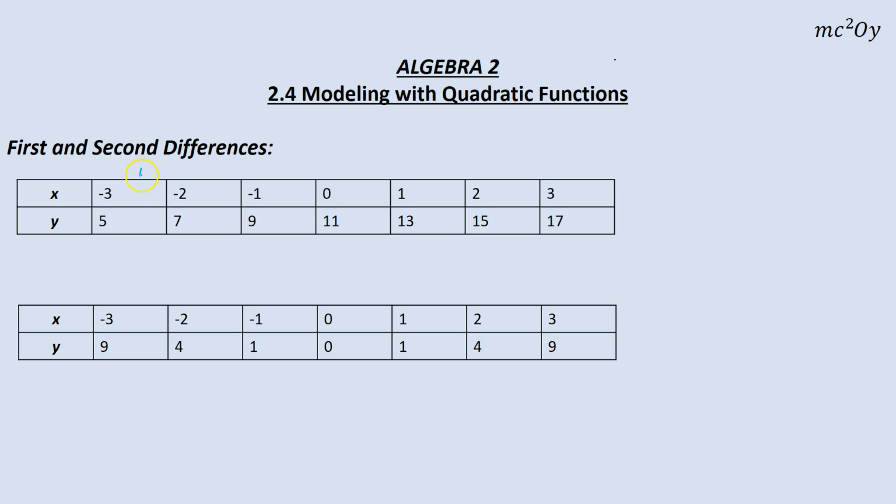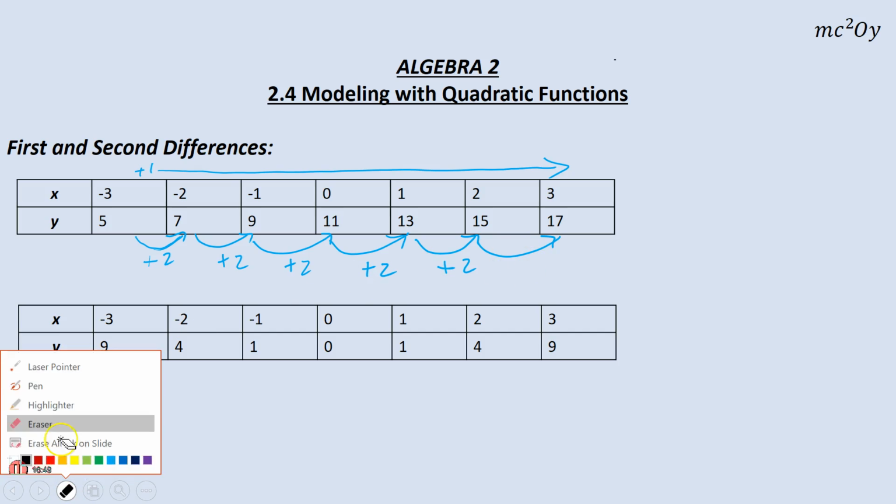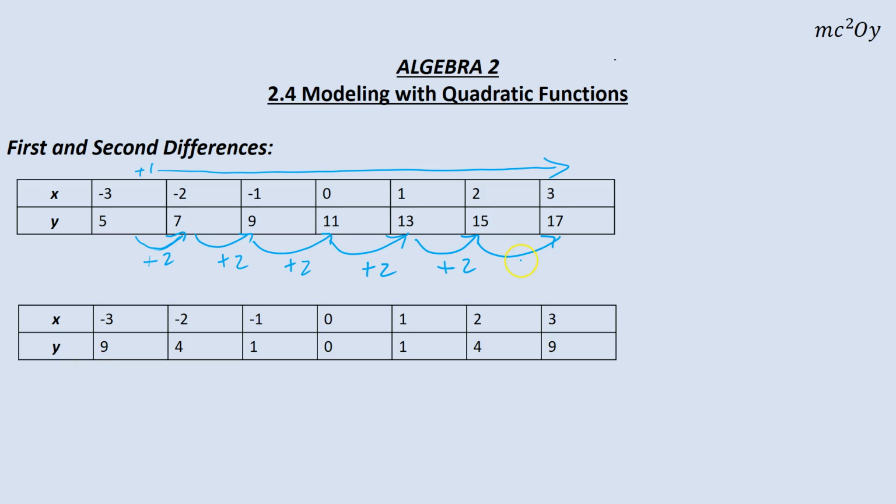Now, if we look at our change in y, we got plus 2, plus 2, plus 2, plus 2, and plus 2. This is called a first difference. So notice our slope is 2 over 1.